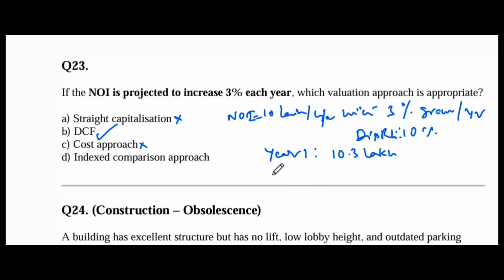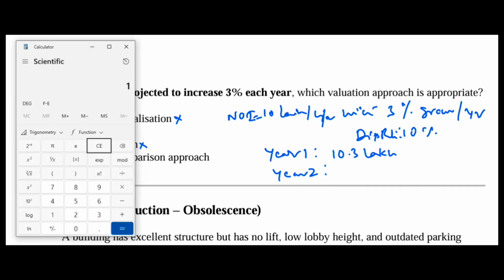Year 2 we get, again on 10.3 we have to calculate 3%, right? That means 10.3 into 1.03, that means 10.609.